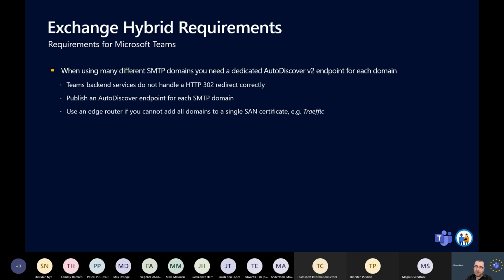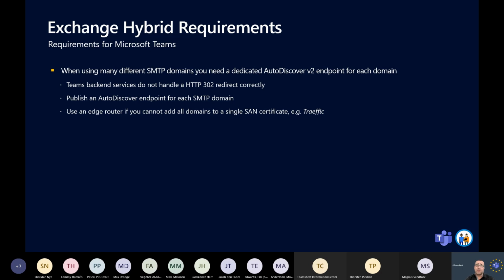The autodiscover v2 implementation of Teams requires that there is a dedicated endpoint using a TLS certificate for autodiscover.fabricam.com. You might use an open source solution like an edge router, which is something like Traefik.